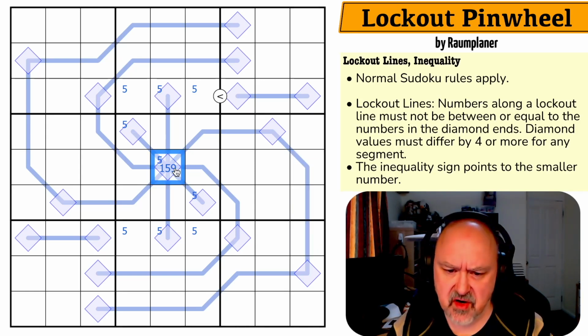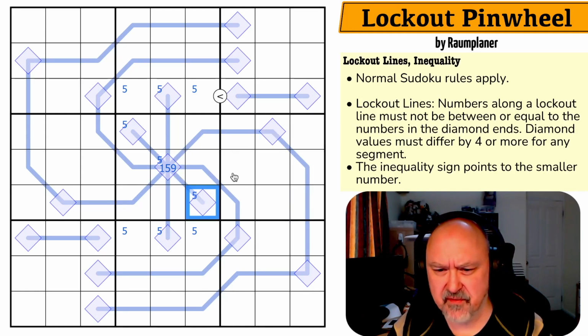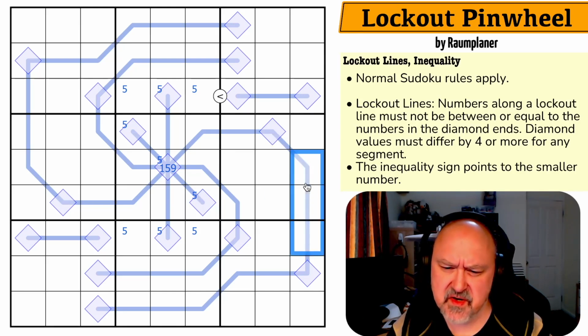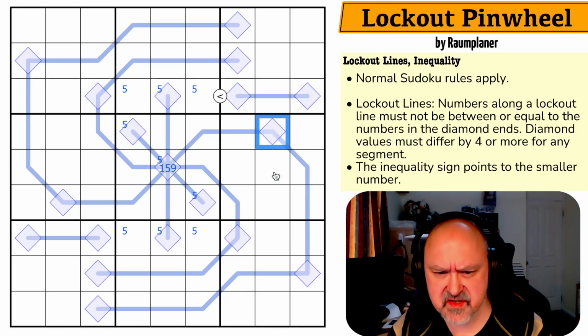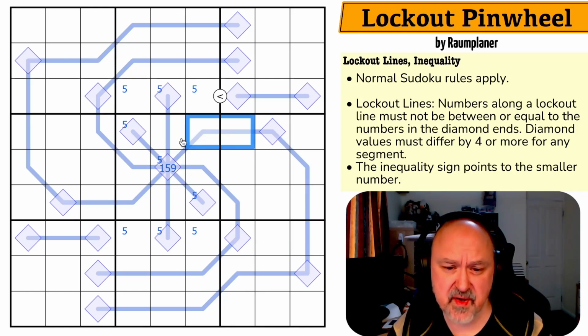So if this was a 9, this would have to be 4 different... Or it could be a 5. I could go 5, 5. So the question is, what are these? Because if this was a 5... But if this is a 9, this could be lower than 9. This could go down. Well, actually, it couldn't be a 1 because I'd have to have 2 digits.